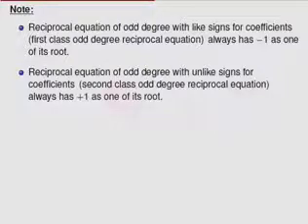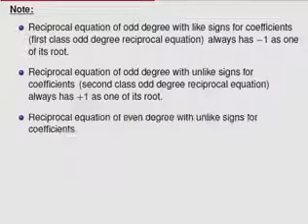You can observe that the first class odd degree reciprocal equation has minus 1 as one of its roots. And the odd degree with unlike signs for coefficients always has plus 1 as one of its roots.